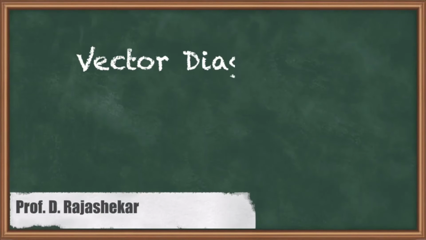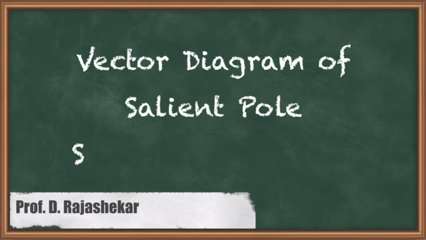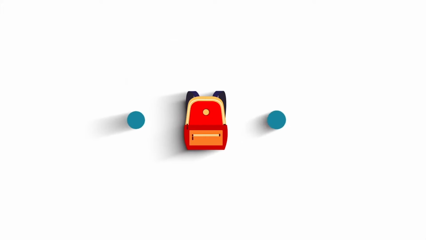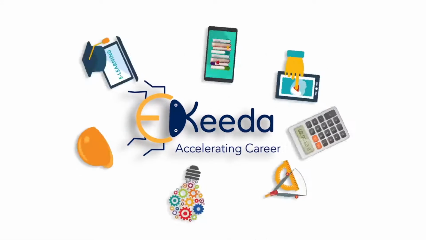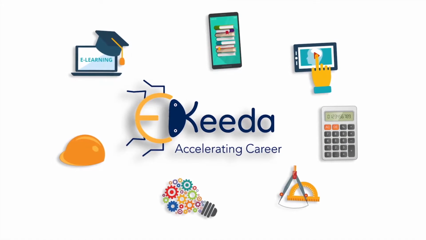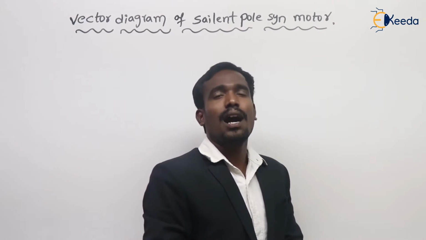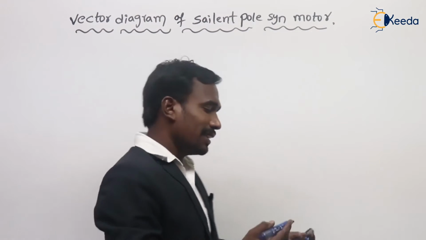Hi friends, in this video we are going to discuss the vector diagram of a salient pole synchronous motor and derive the EMF equation and tan psi. Let's see here.